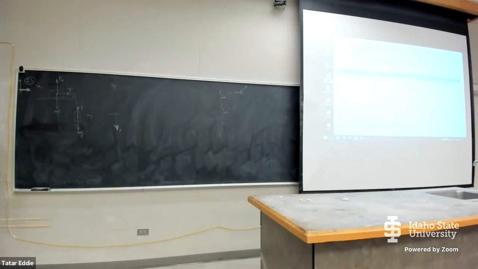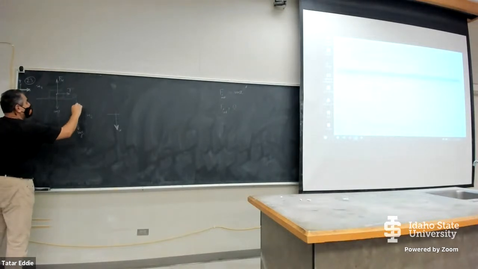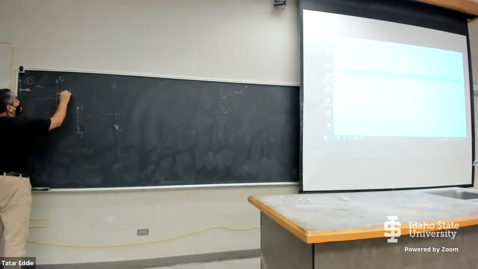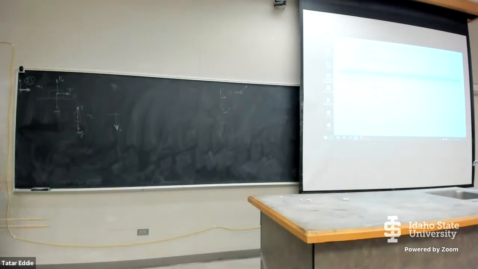The action-reaction law guarantees that this tension force is equal to this tension force in magnitude. They are not in opposite direction because the string shifts the directions appropriately, but the magnitudes of the forces are the same. So you can use the same letter to denote that.